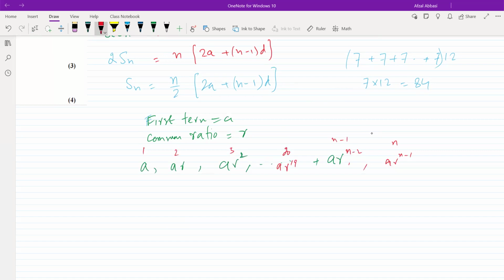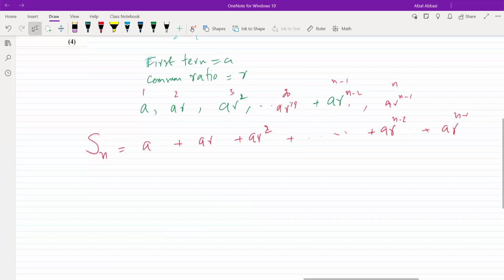Now, because we have to find the sum, we can say that the sum to n terms of this series will be a plus ar plus ar squared, and it goes like that. The second last term will be ar^(n-2), and the last term will be ar^(n-1). Now, what we do here is multiply all the terms by r, on both sides.